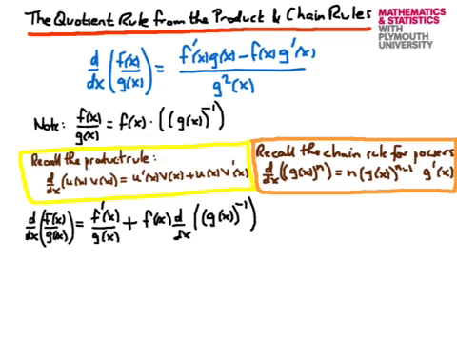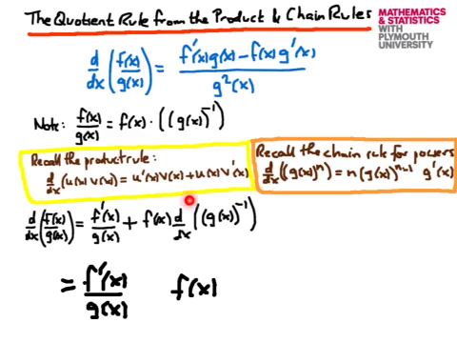So therefore, our result is going to be equal, the first term is unchanged, it's the derivative of f divided by g. In the second term, we have f of x, and now when we differentiate this factor here, we're differentiating a function raised to the power of minus 1.